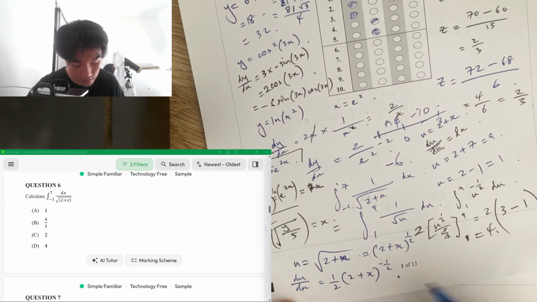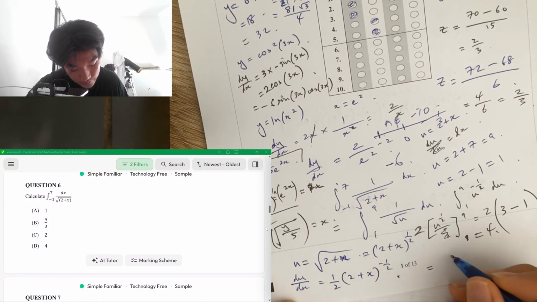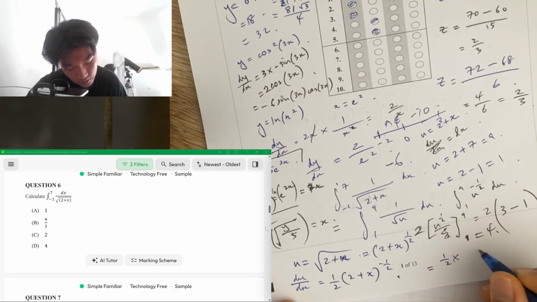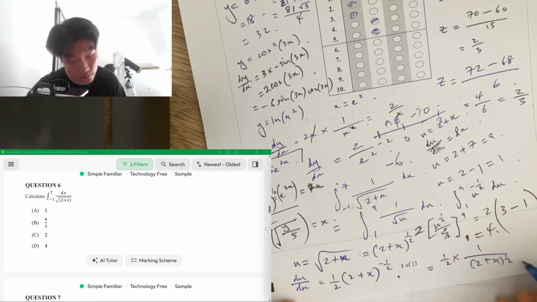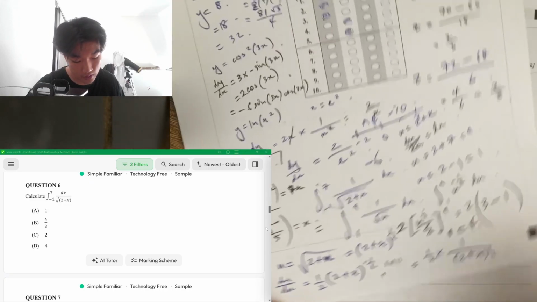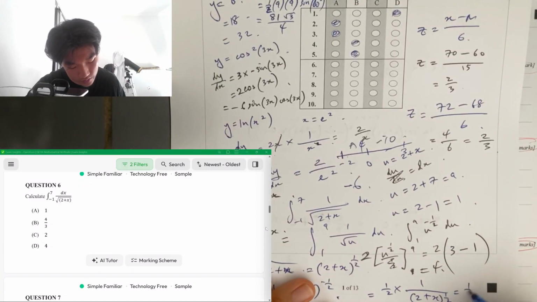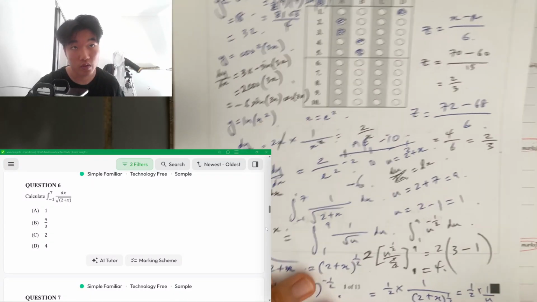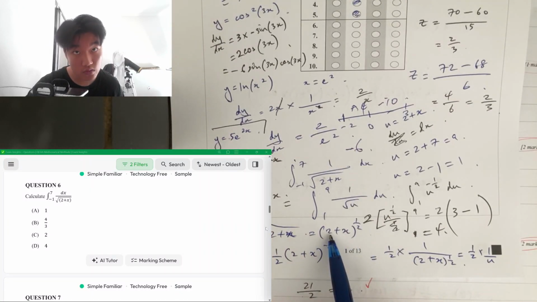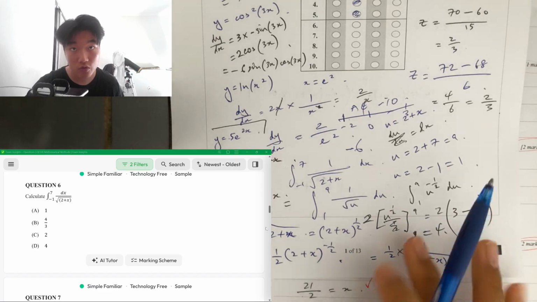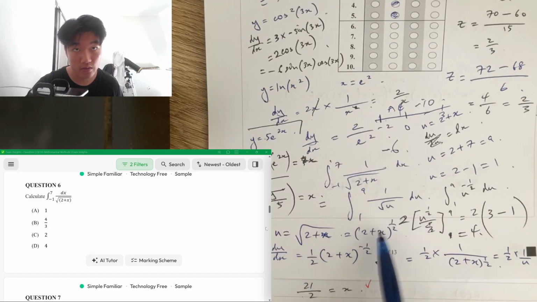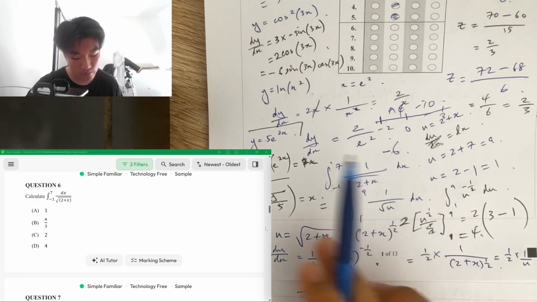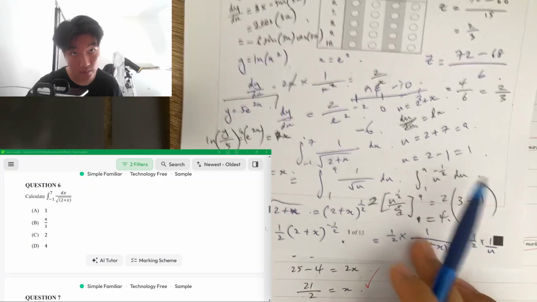This is essentially 1 over 2 multiplied by 1 over 2 plus x raised to the half, which is 1 over 2 multiplied by 1 over u, because we let u be 2 plus x to the power of a half, and then we're just subbing the u back in.